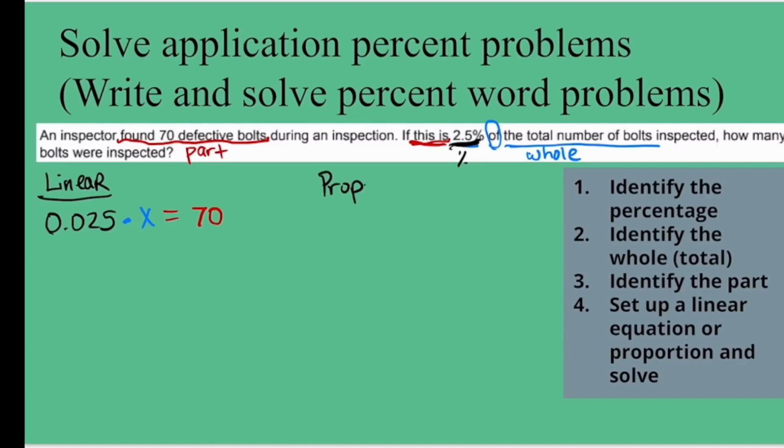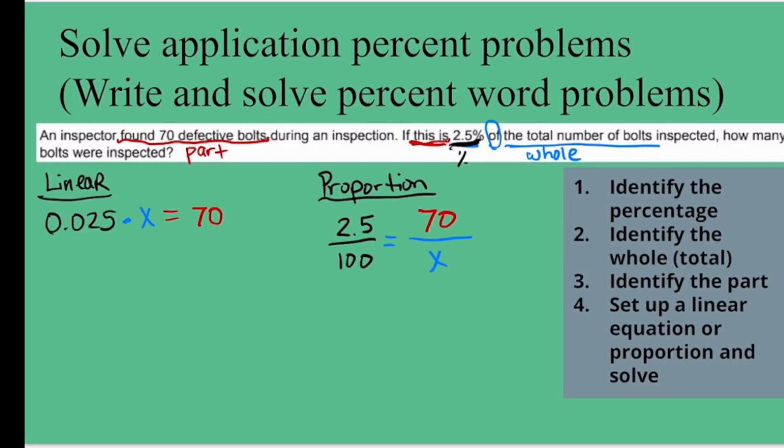If you wanted to do a proportion, either method will work. 2.5% as a fraction is 2.5 over 100. The of is always your denominator, which I don't know what that is, so that's x. My numerator is going to be 70.